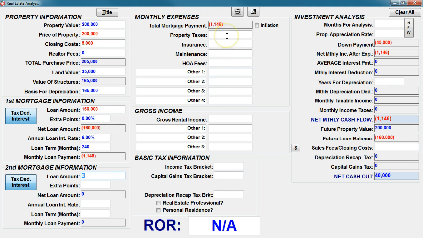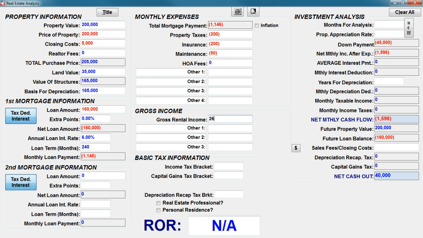Okay, so let's take a look at the next section when it comes to property taxes. We've got our mortgage payment. Let's say we've got $200 a month in property taxes, another $200 a month in insurance, and another $50 a month in maintenance. We don't have any homeowners association fees on this property. Now let's come down here. We're going to put in the rental income.